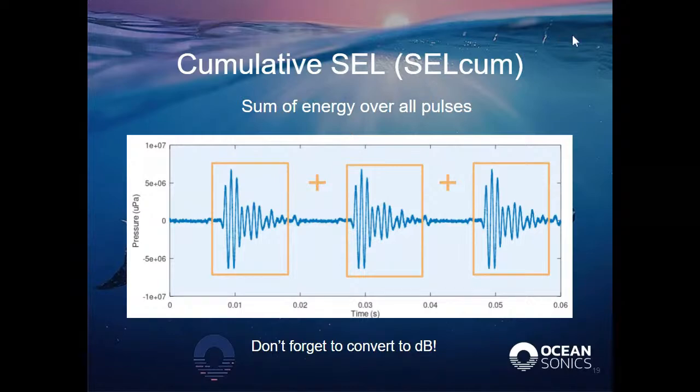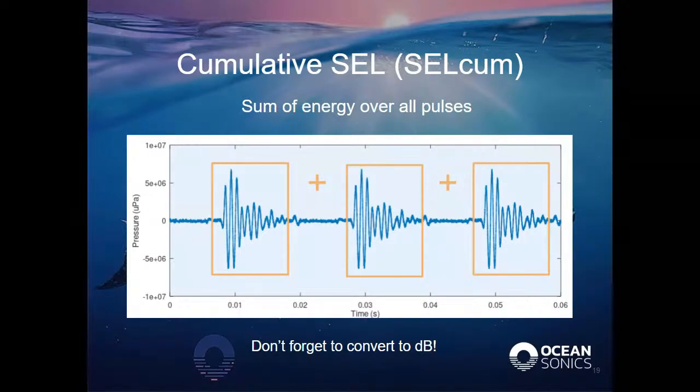But what if the sounds that you're monitoring happen over a long period of time and there are multiple pulses? You'd also want to know what the total energy is at the end of the day. So that's why there's another type of SEL called cumulative SEL. It is actually the sum of energy over all of the pulses that you generate. There are two ways of calculating this.